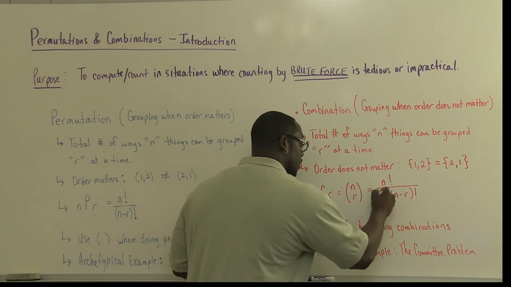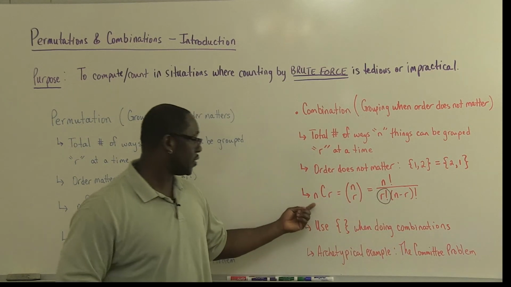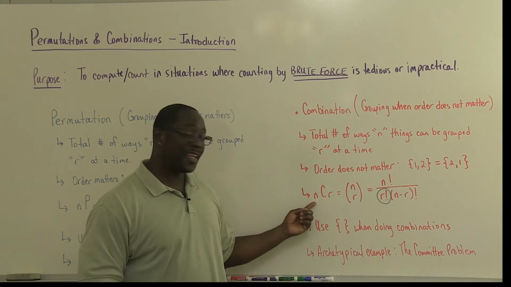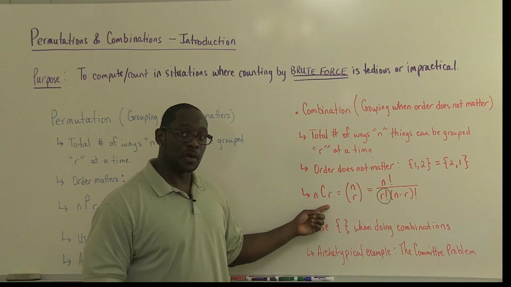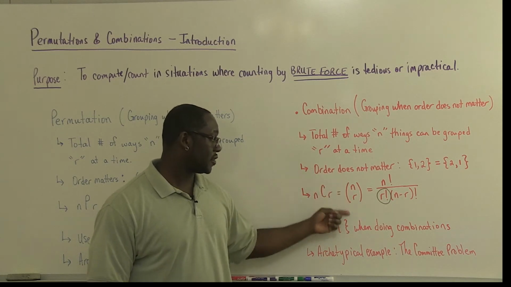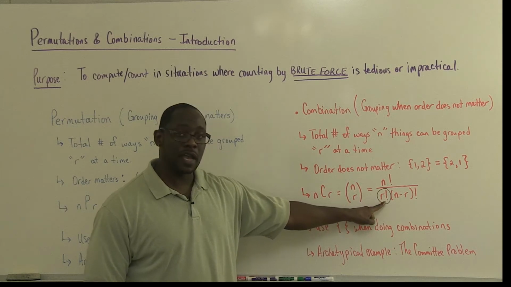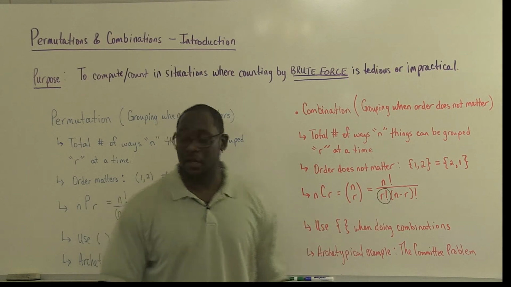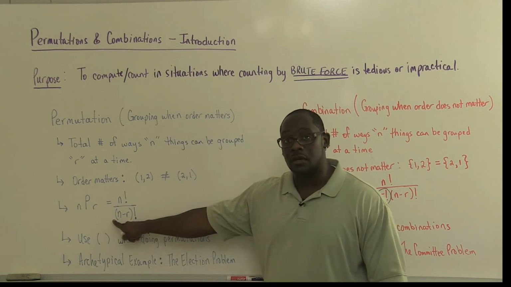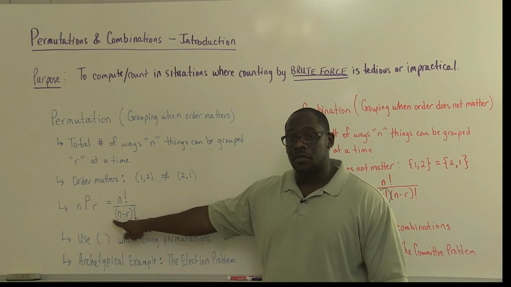If you notice here, our formula for this is combination of n things grouped or taken r at a time. And this is an alternate notation for it. But here you notice that we have an r factorial in the denominator that is not present in the permutation formula.